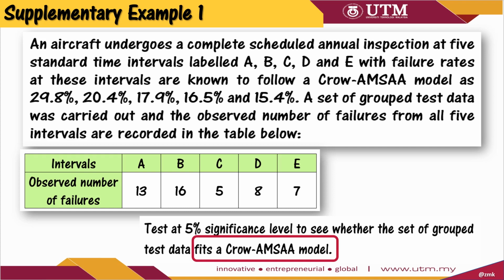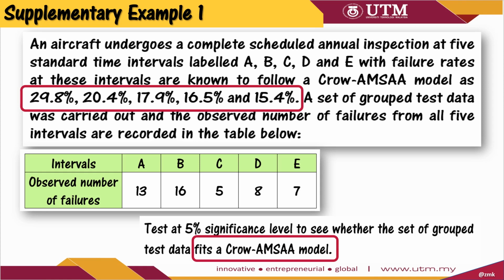The model or distribution assumed under the null hypothesis H0 should be as stated here. In this example, the probabilities Pi are given for all i equal to A, B, C, D, and E. For example, PA is 0.298, PB is 0.204, and so on.